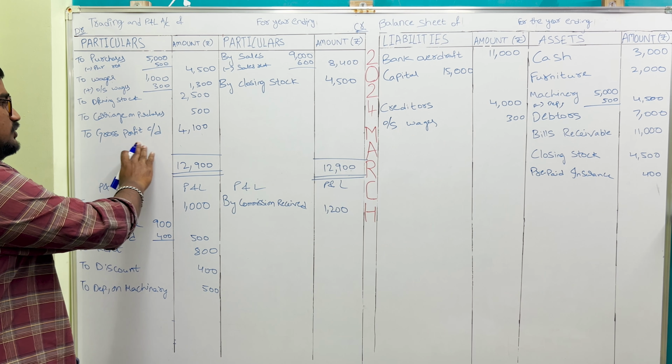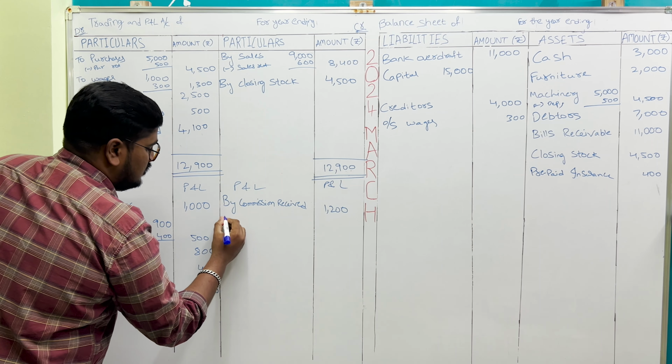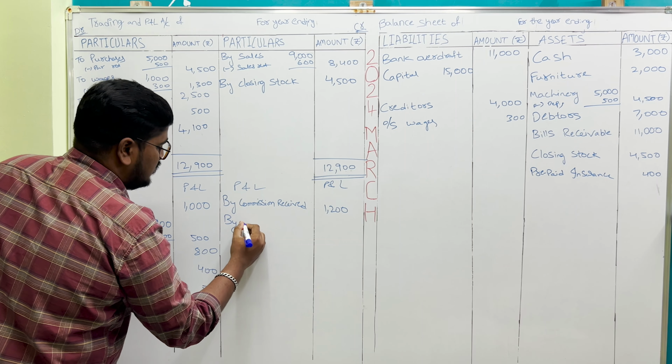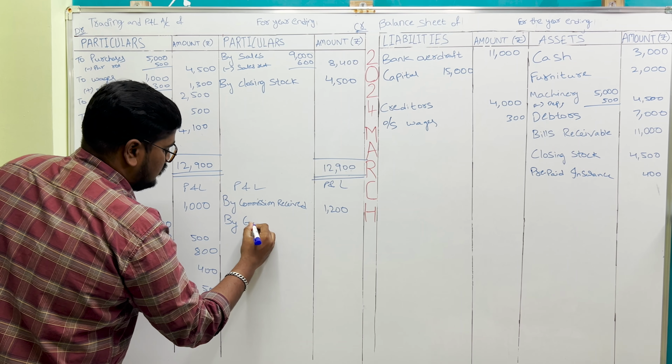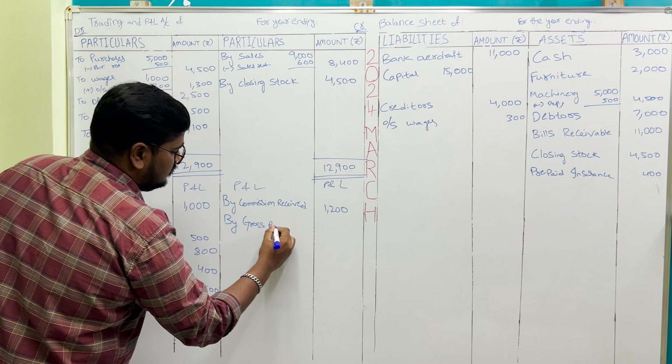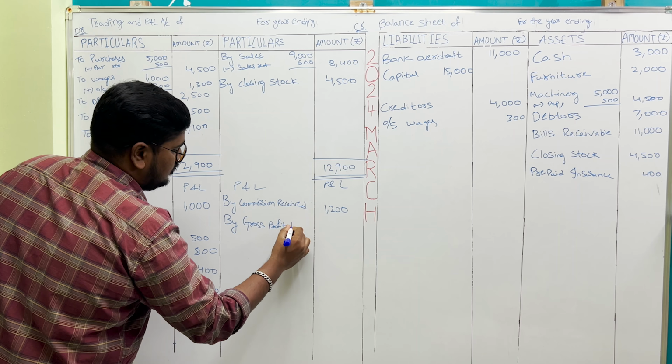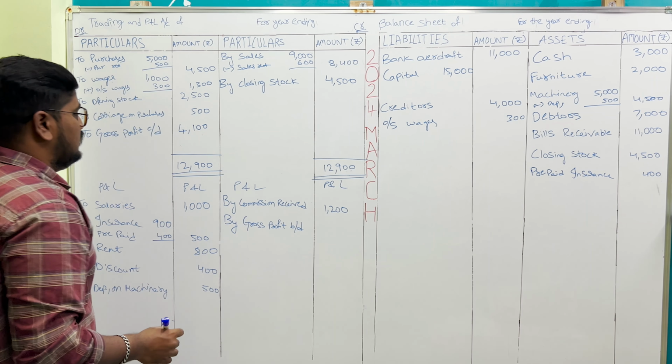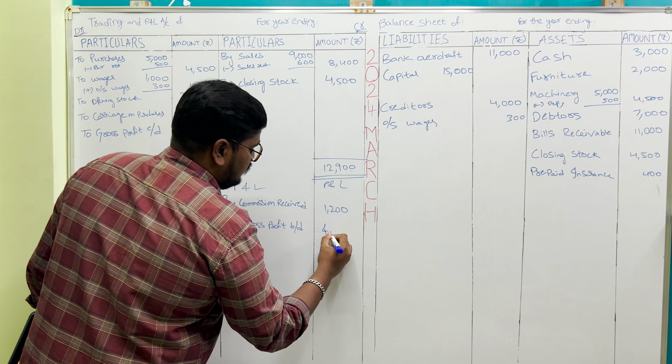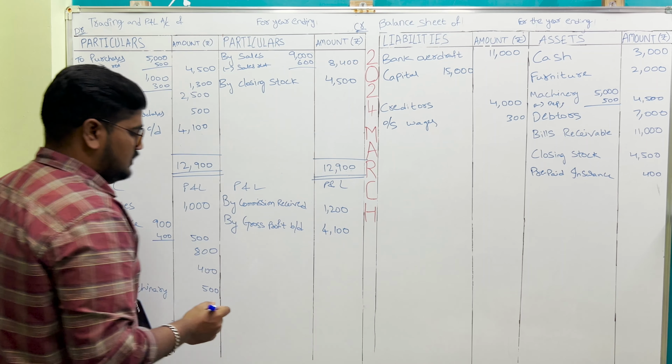Now this gross profit carried down will be taken into P&L by gross profit brought down, and the amount is 4,100.